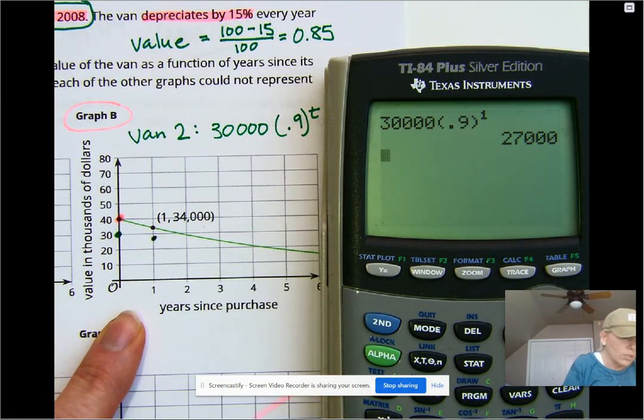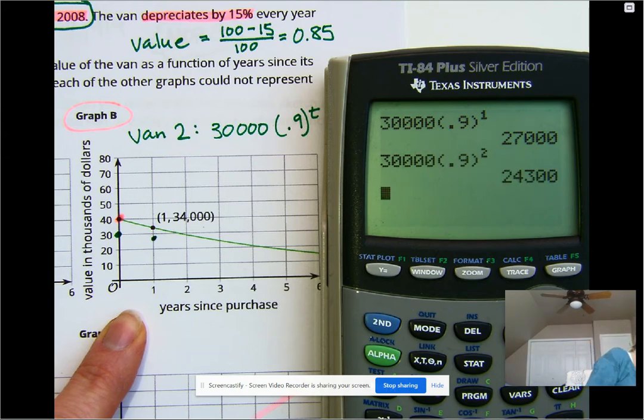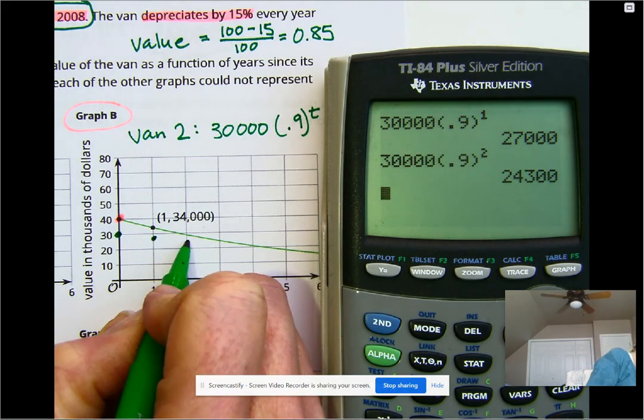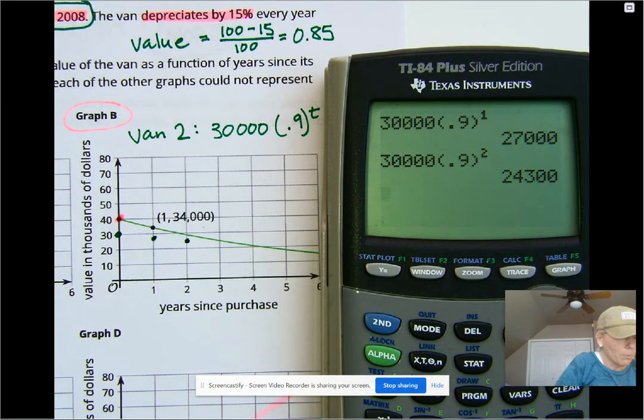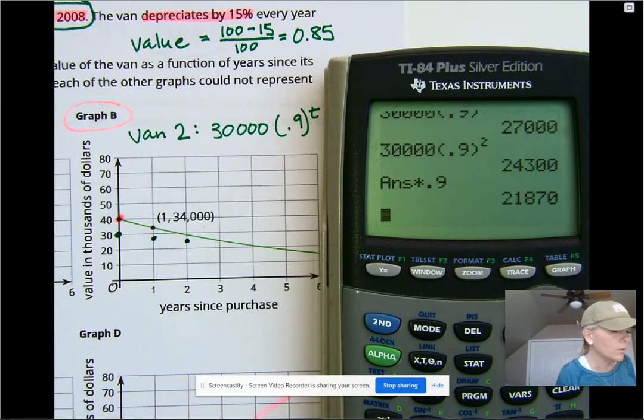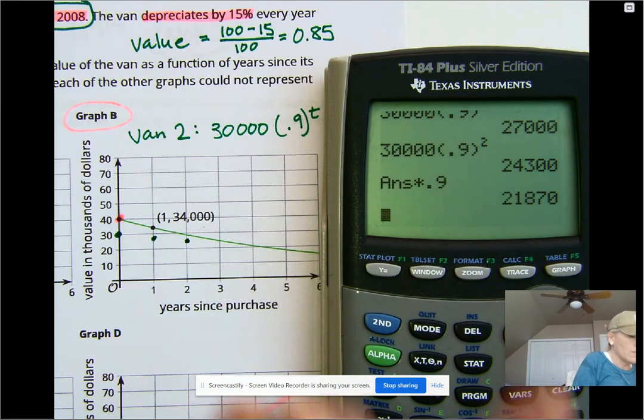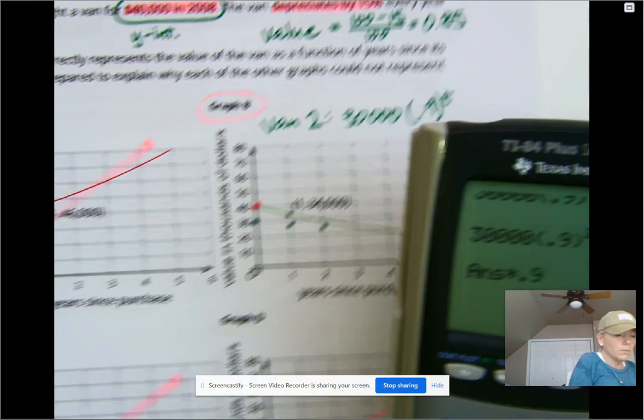And then year 2, I can do this to the second. And that's 24,300. So not quite halfway up that. And then I'm just going to multiply by 0.9 to get year 3, right? Because that's what changing an exponent would do. 21,870 for year 3.